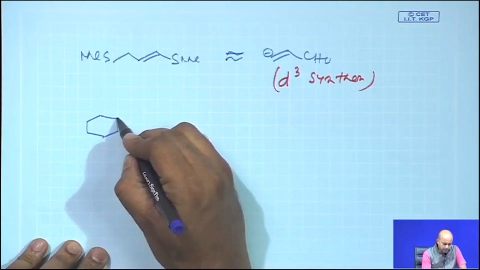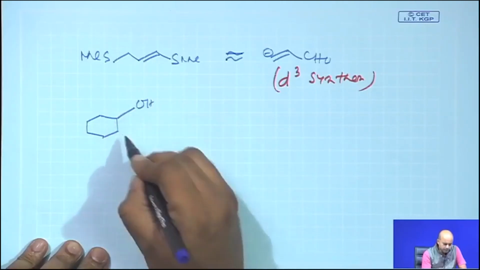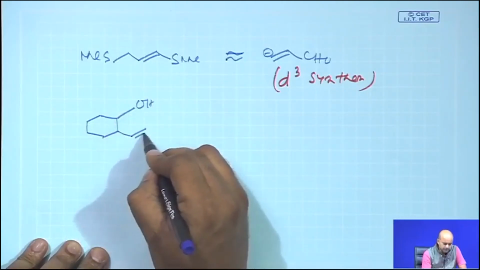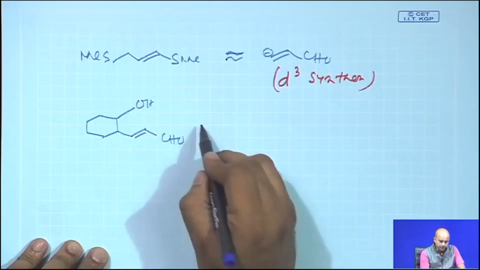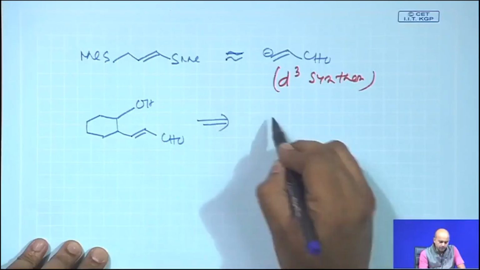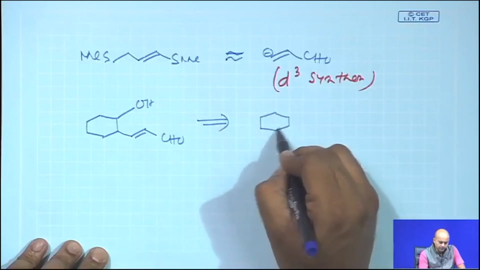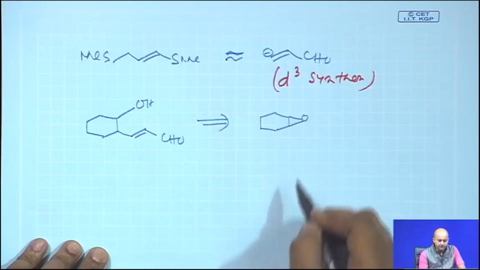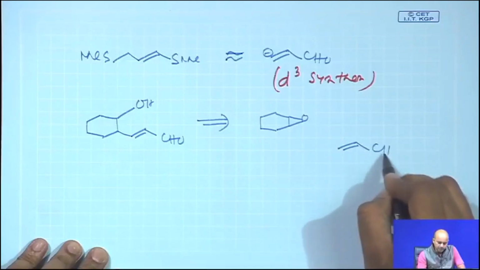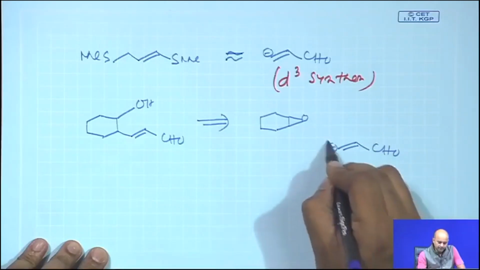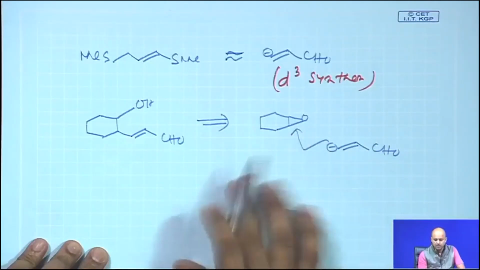problems. Probably I will give you the next problem, which is based on something like this, where I am asking how you can make this compound. Now, if you visualize the target molecule, you do the simple retro. If you have an epoxide as an electrophile, you react with this vinylic anion, it can open up and it will give you this compound.